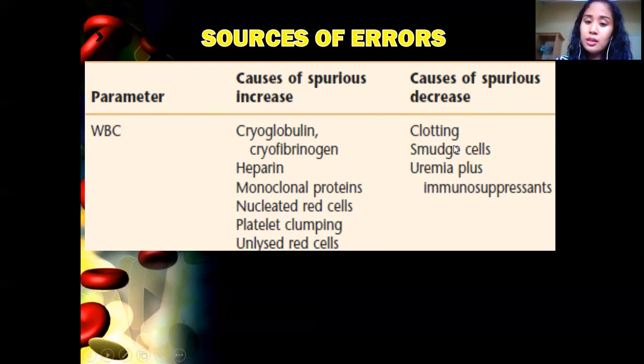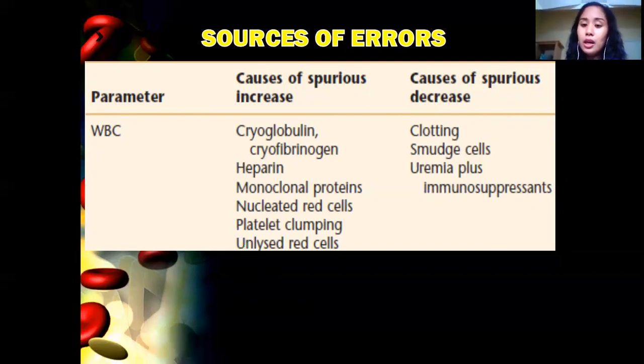Spurious decrease when there is clotting as well. Smudge cells are found among patients with chronic lymphoid leukemia. So, pag smudge cells kasi, class, these are lymphocytes na madaling masira, very fragile. So, nasisira sila, kaya bababa talaga yung WBC count mo. Ito class, uremia plus immunosuppressants.